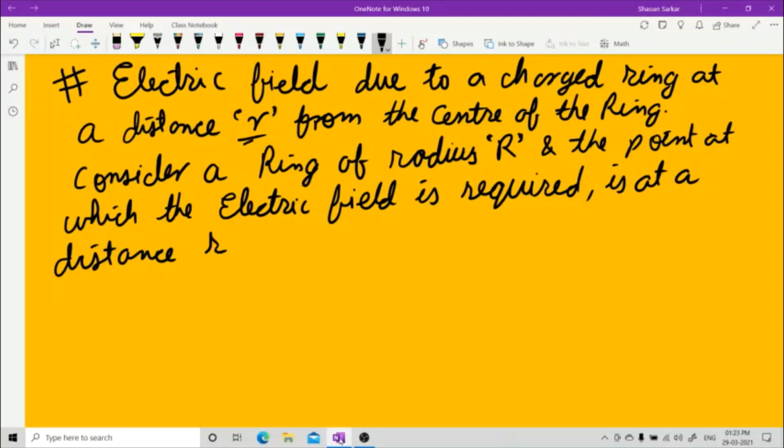This r, I'm talking about this r, is r from the center of the ring.